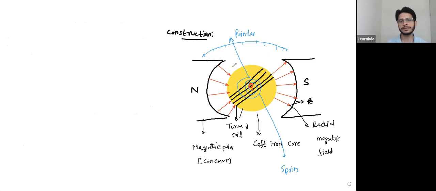Okay. When you connect this galvanometer through a source of current, now when current I passes through the galvanometer, I'm defining some terms first. N is the number of turns.